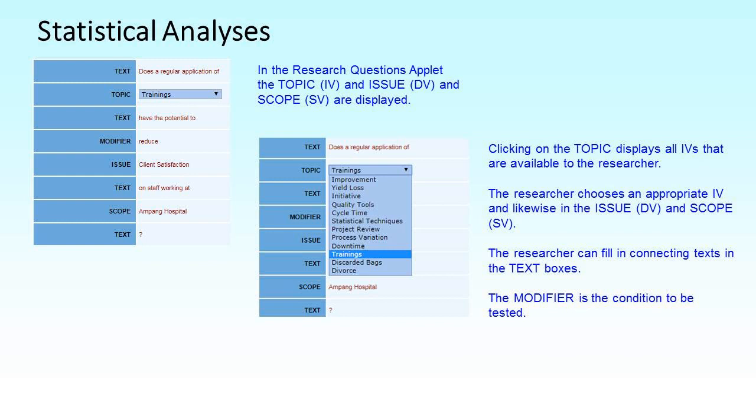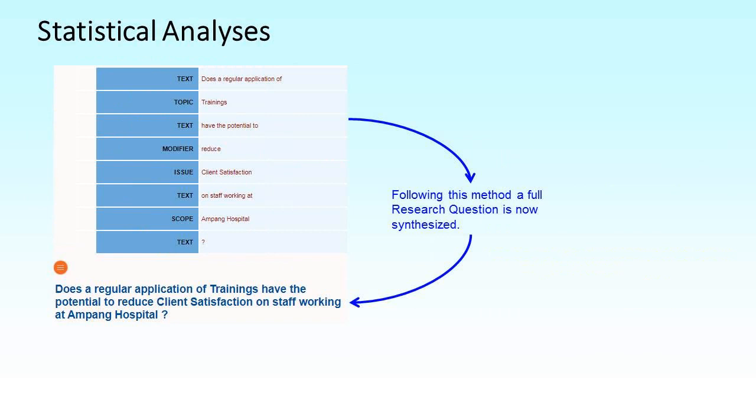Clicking on the topic displays all IVs that are available to the researcher. The researcher chooses an appropriate IV and likewise in the issue, DV, and scope, SV. The researcher can fill in connecting text in the text boxes. The modifier is the condition to be tested. Following this method, a full research question is now synthesized.